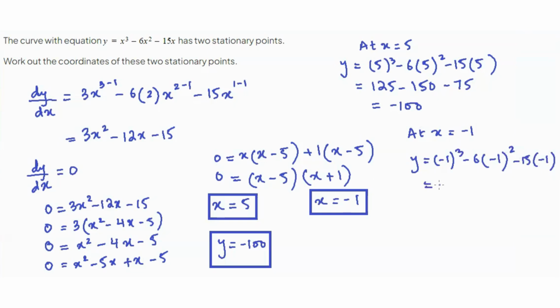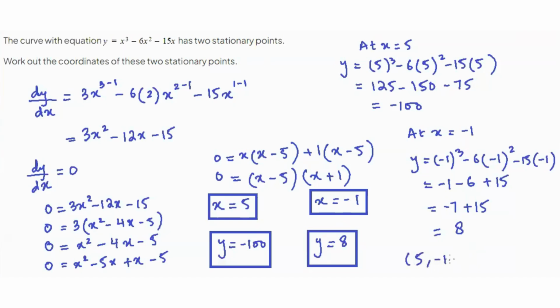And that's going to be negative 1 minus 6 plus 15, negative 7 plus 15, and that's going to be 8. So when x is negative 1, y is 8. So your coordinates are going to be 5, negative 100, and negative 1, 8. That is your answer for this question.